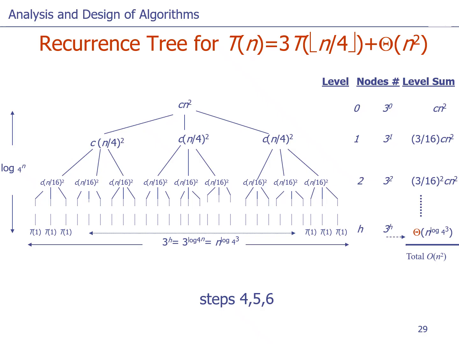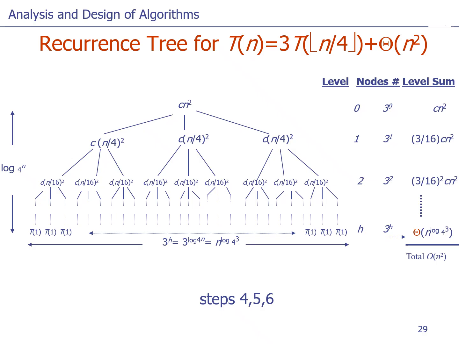Now, what is h? We've already discussed this: because we're doing perfect splitting here, the recursion tree will never be skewed. We're applying the same formula at every level, so we're doing the same splitting at every level. What that means is the height of the tree is going to be logarithmic.